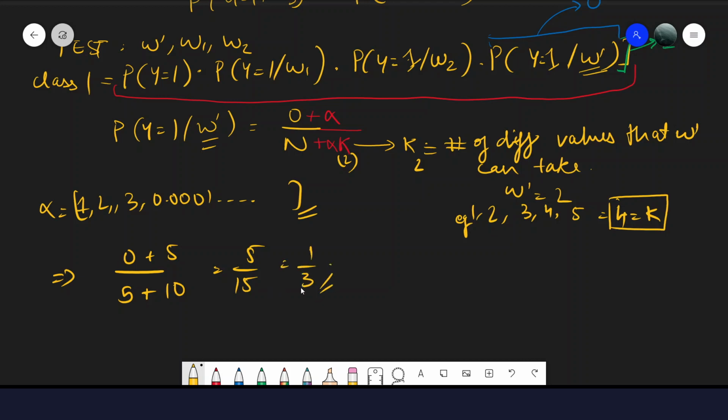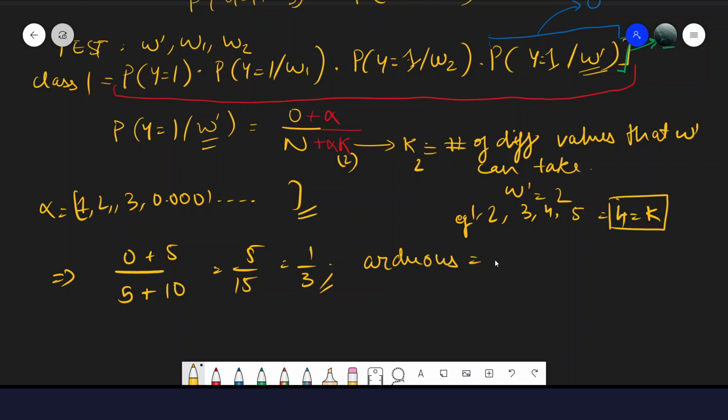What this basically says is that I'm giving alpha a value where I'm giving this word a very high importance over other words. Because if the value is 1 by 3 over here, that means you're giving this word a very high importance. So if the word is very esoteric, which is relatively less known, and appears only for a very specific class, you can give it a very high value, right? So let's say the word is some very complicated word, let's say it is arduous, right?